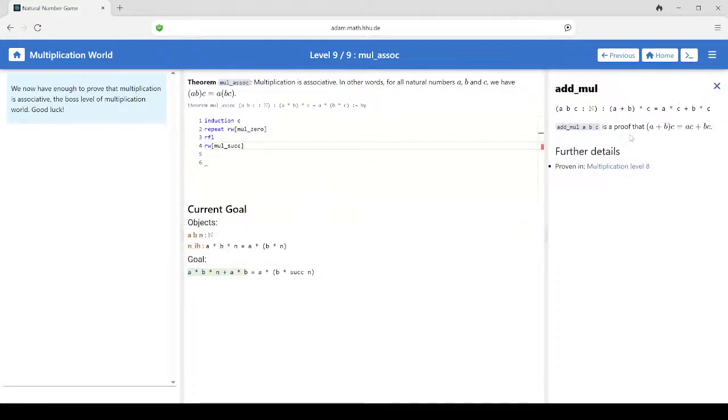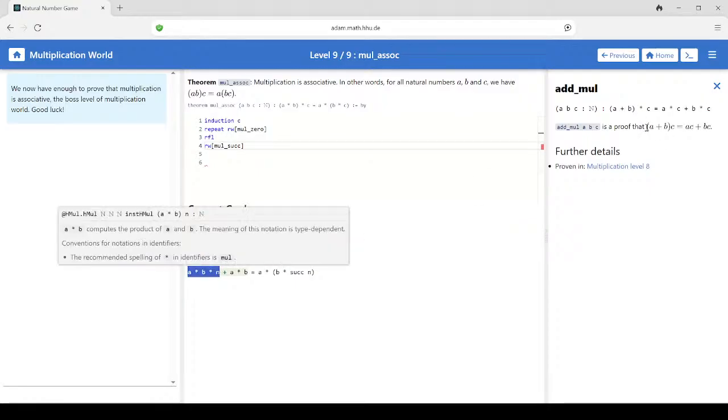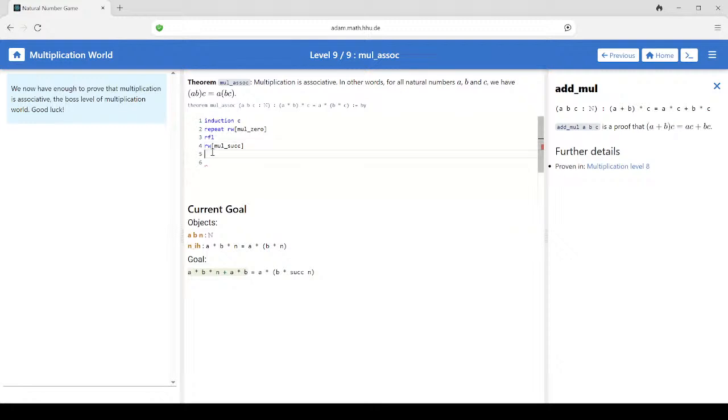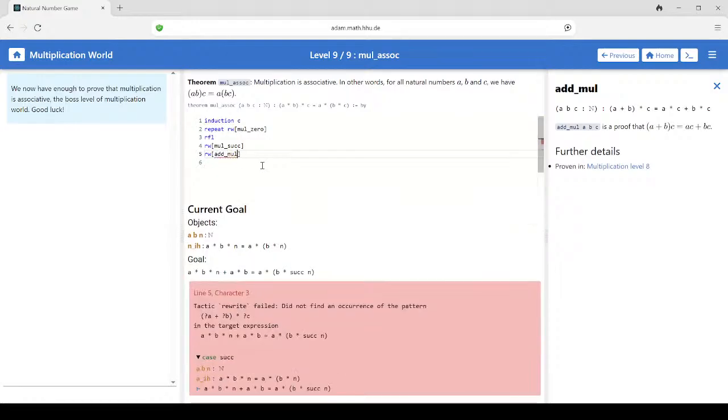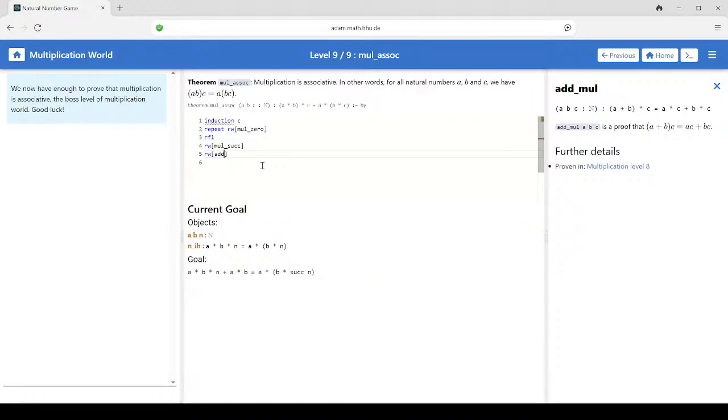Wait, can I not use this here? Because technically, I'm supposed to imagine this with parentheses around it. This is basically this. So if it's not, it won't let me do that? No, it doesn't like that. Okay. I guess not. I thought that would work.